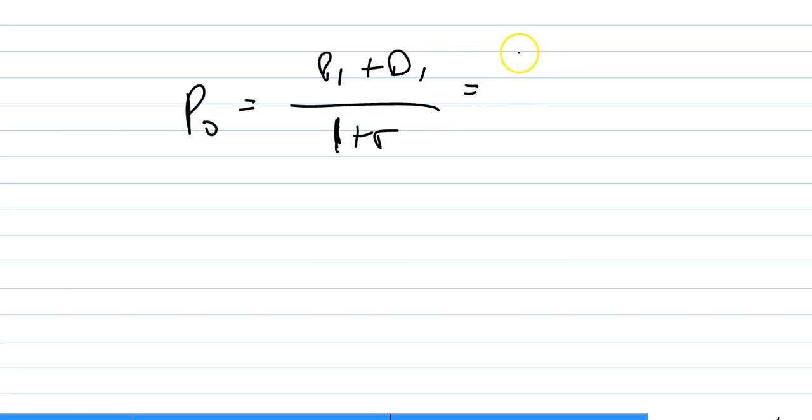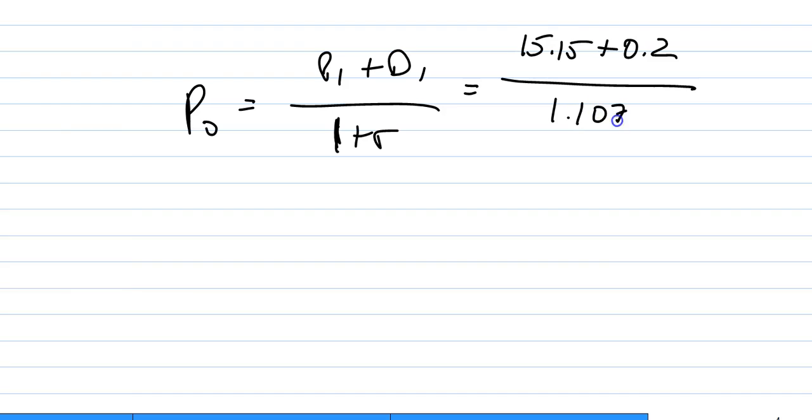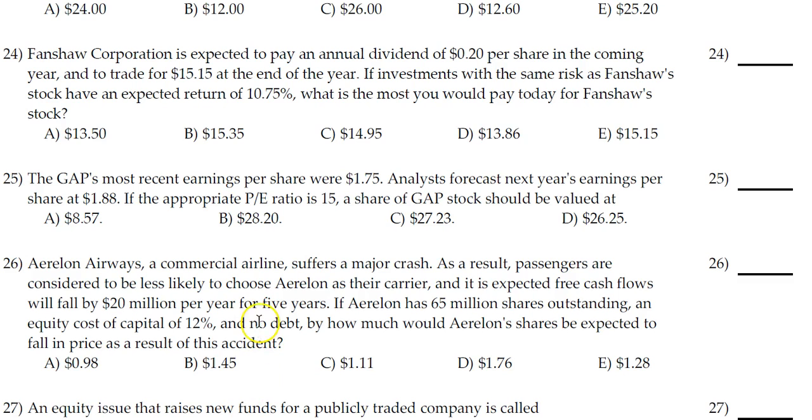So price in year 1 is equal to 15.15 plus dividend in year 1, 20 cents, divided by 1.1075, so 1 plus the cost of capital, and the price today becomes 13.86, which is D.